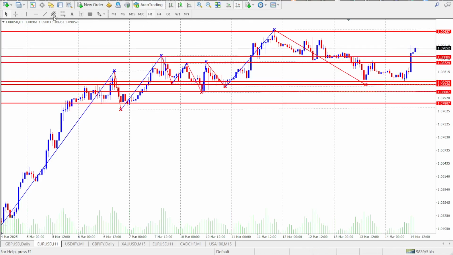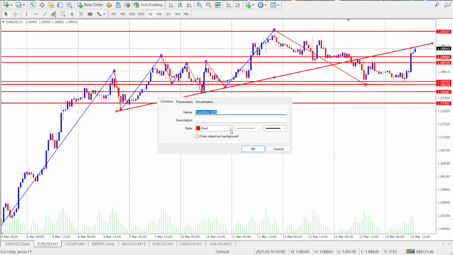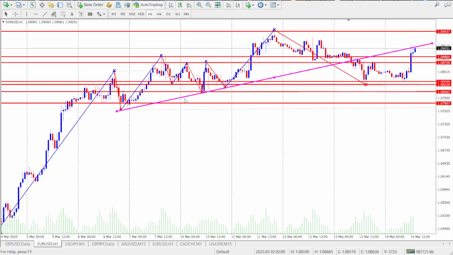If price is in an uptrend, wait for a pullback to a support level, perhaps a dynamic support or static support.